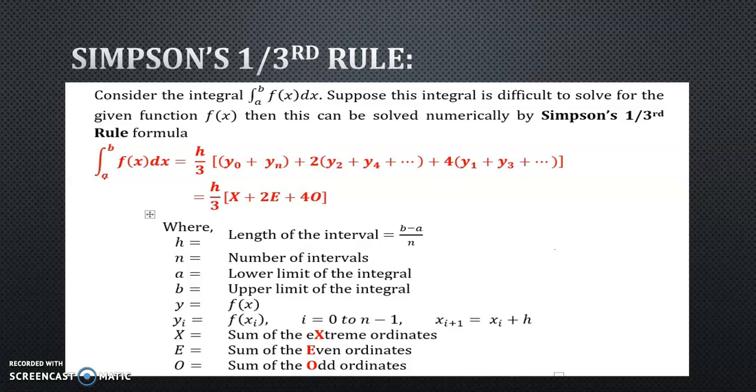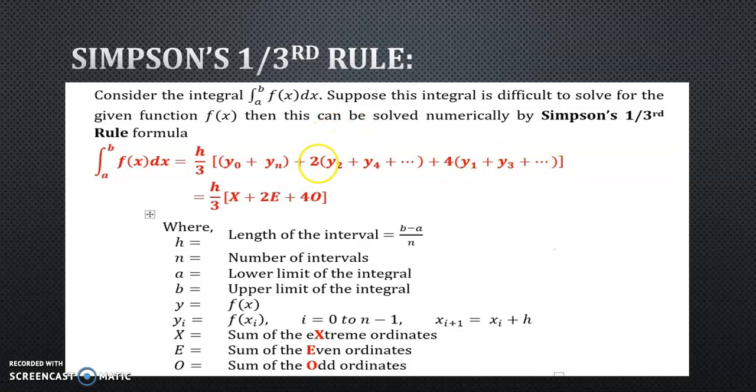The definite integral from a to b of f(x) dx is given as h by 3 into the bracket (y0 plus yn), plus, now you need to remember this, 2 times some terms of y plus 4 times some terms of y.